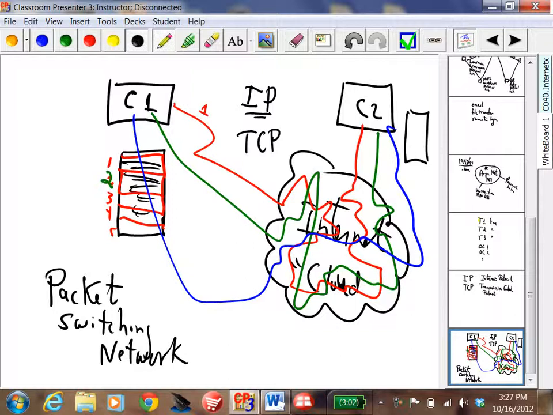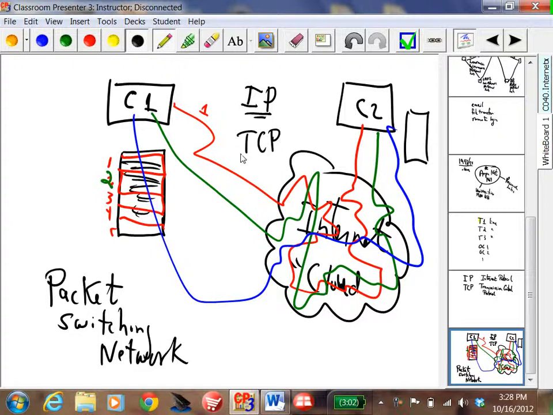IP: everything that passes through the internet is an IP packet, and it's to ensure that it gets there. The main objective is that each packet makes it.